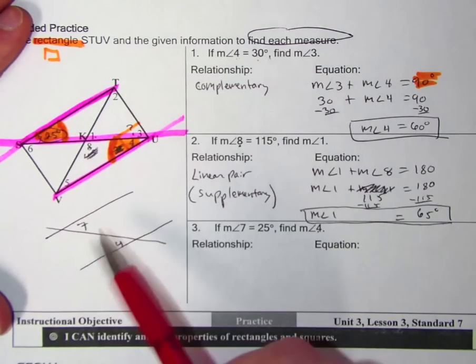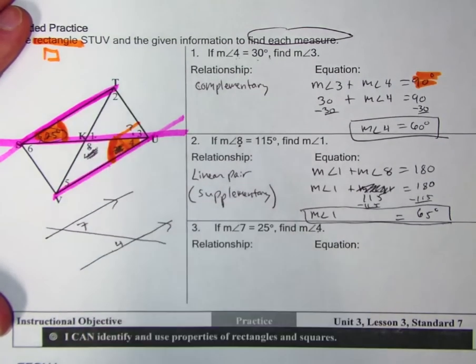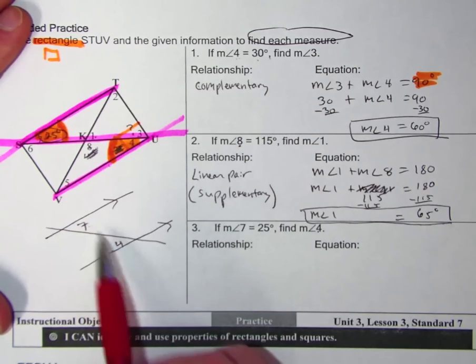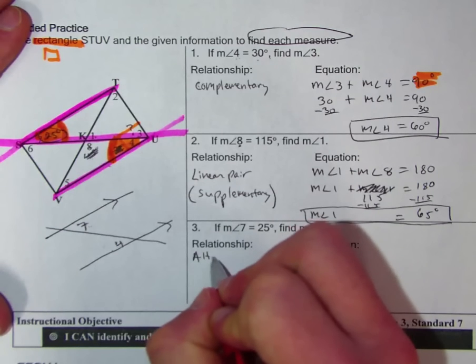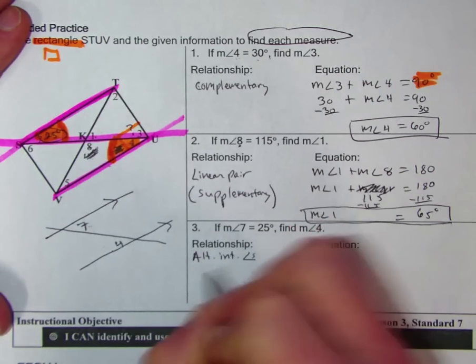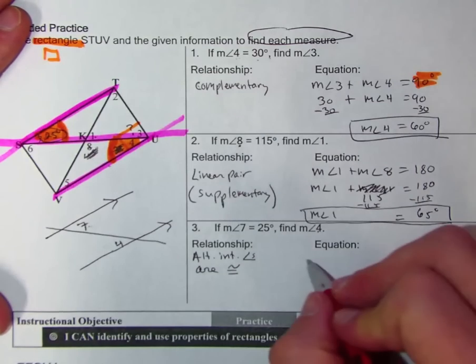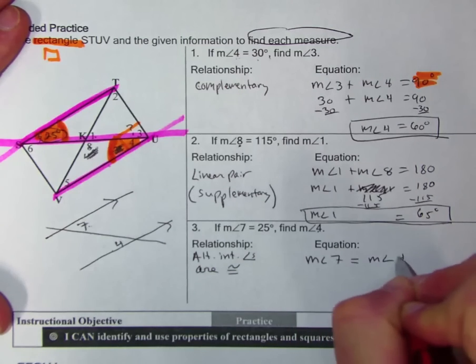That's what's in pink. What's the relationship here if these are parallel? Which they are because it's a rectangle. The relationship is alternate interior, and you can see they're congruent. They're both acute. So alternate interior angles are congruent is the relationship. So what you want to say is the measure of angle 7 is equal to the measure of angle 4.